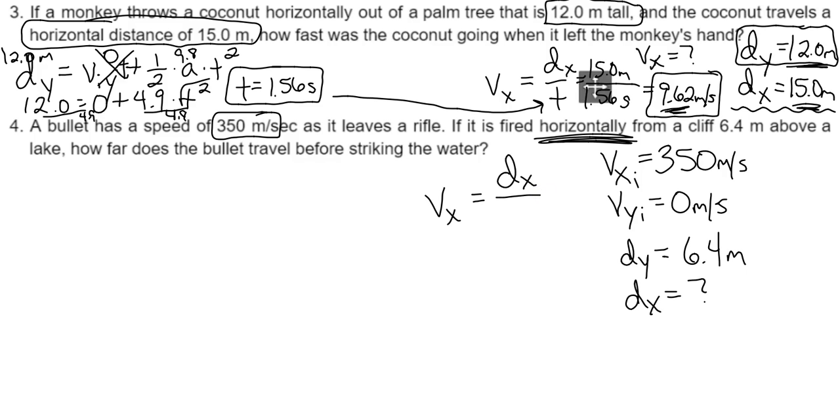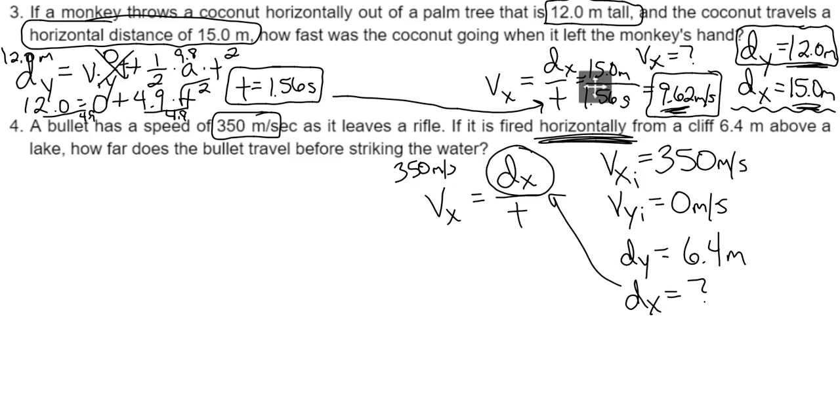The velocity in the x direction we were given at 350 meters per second. Time is what we are going to need to know in order to figure out our distance in the x direction. So again, we're going to set this up just like the one before in terms of figuring out the free fall from a height of 6.4 meters.